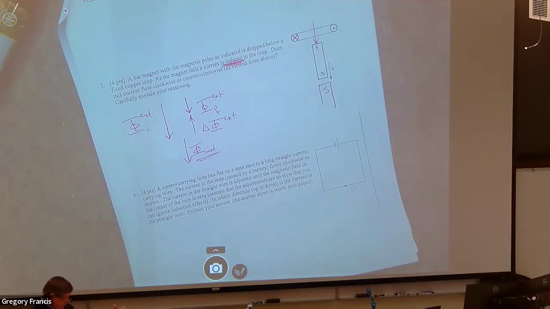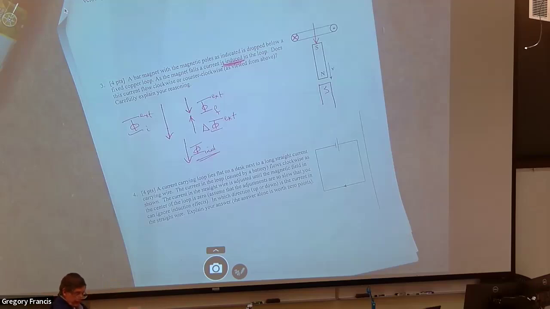So if there's a field that's set up, and usually you've got something like a horseshoe magnet in there, if you've got a field that's pointing towards the open door, and I have a dipole that's acting like a compass needle, it's going to want to line up, okay? And it'll line up and stop. And that's not a good motor, okay?